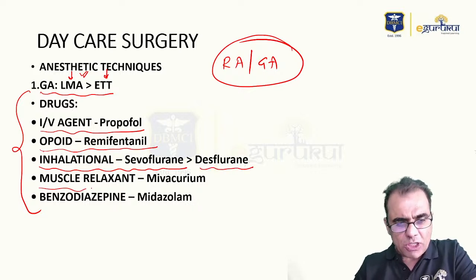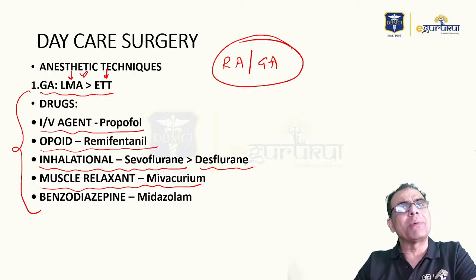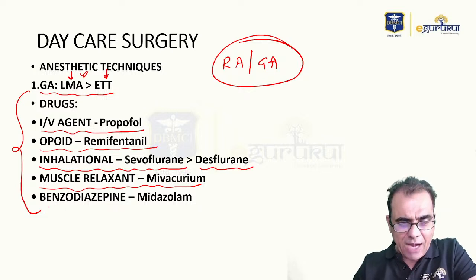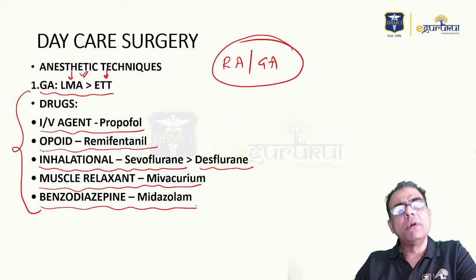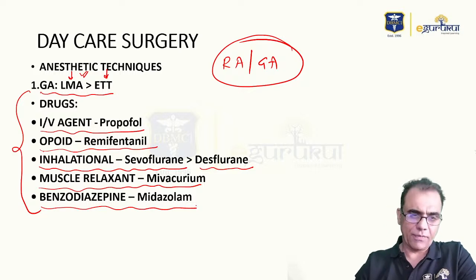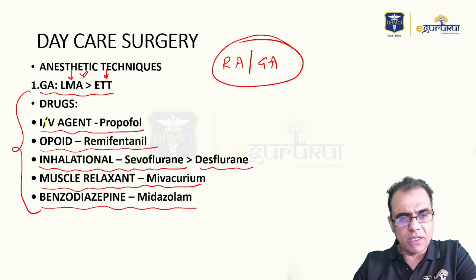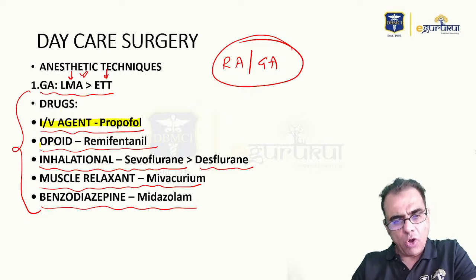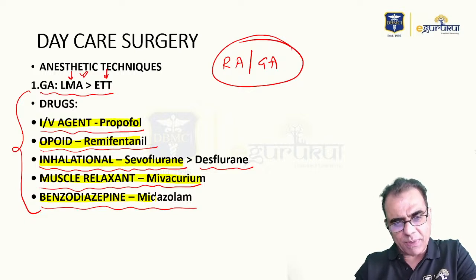Muscle relaxant of choice is mivacurium, very short acting, metabolized by pseudocholinesterase. And benzodiazepine of choice is midazolam, because midazolam is also short acting. So this you must commonly ask. Agents of choice for daycare surgery: IV agent propofol, opioid remifentanil, inhalational sevoflurane, muscle relaxant mivacurium, and benzodiazepine midazolam.